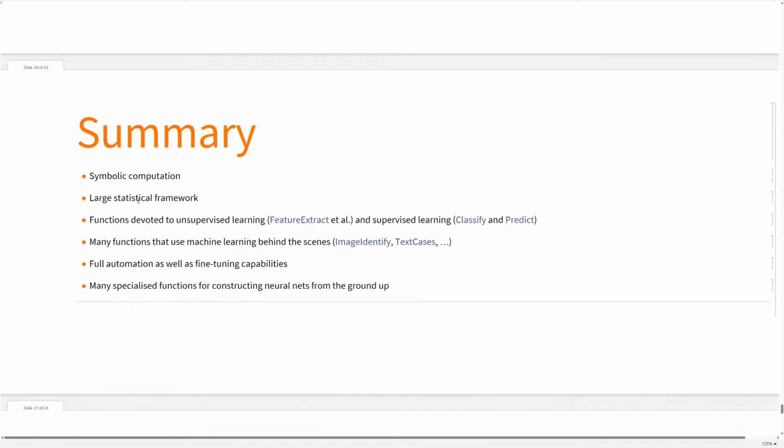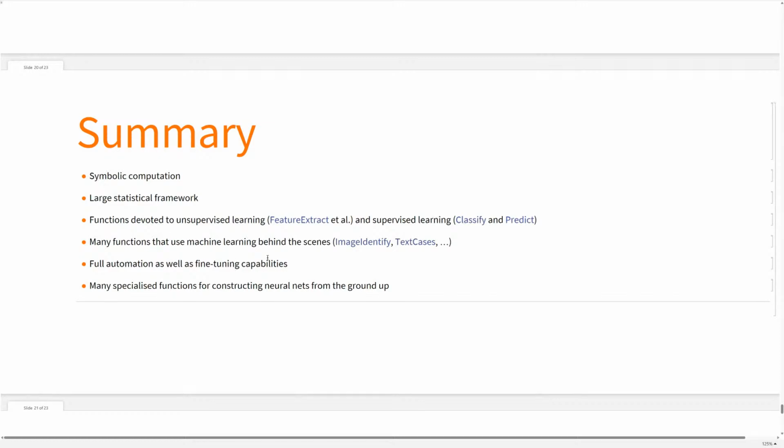All right. That's all of the material that I have to cover today. So the summary is, we looked at symbolic computation, and then we looked at the statistical framework. We can have a distribution, and we can apply all of the functions to those for analysis.